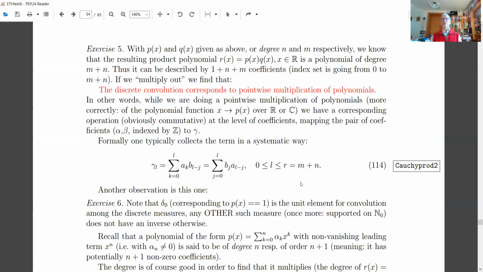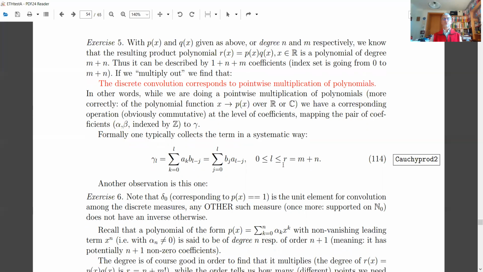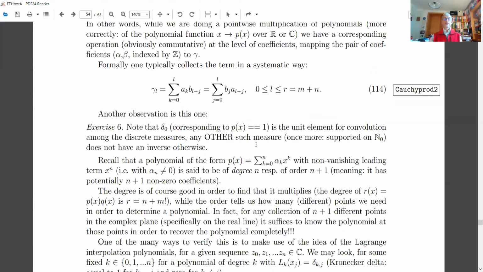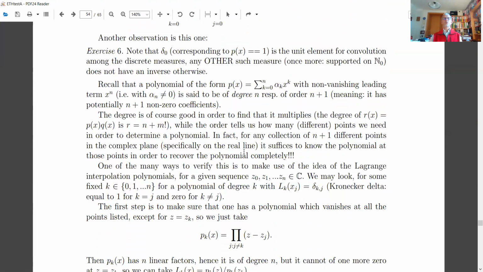I can look at the discrete functions, so the time series, the pixel images, whatever, and we can ask, can we describe these operators which commute with the discrete translation, and you would come up with exactly the same convolution operation here. Now, I have already used the words, and I don't go into the details, degree and order.